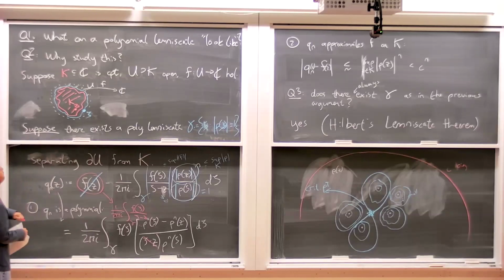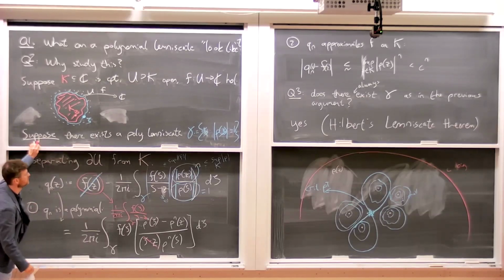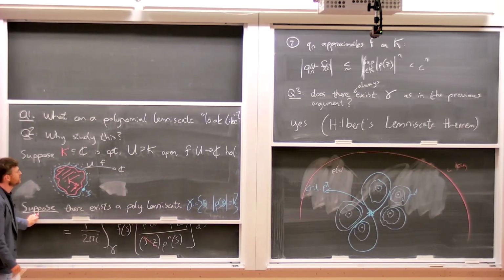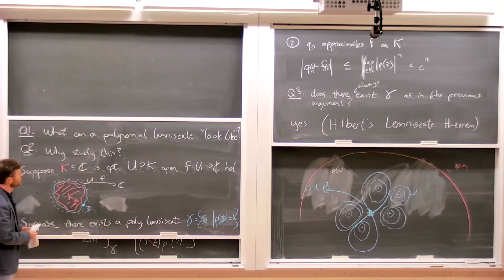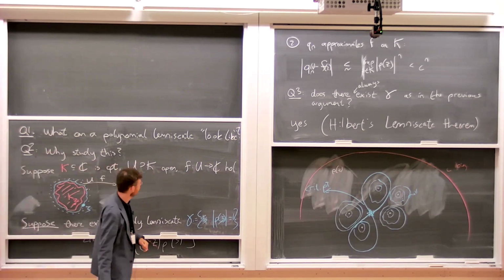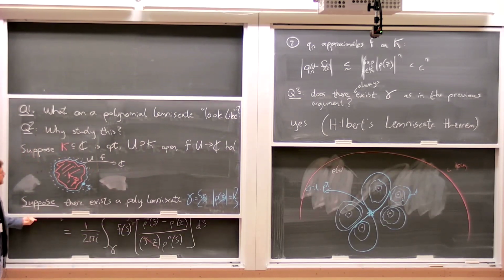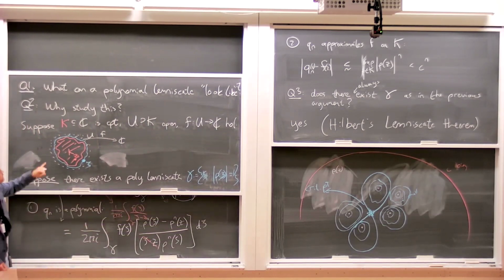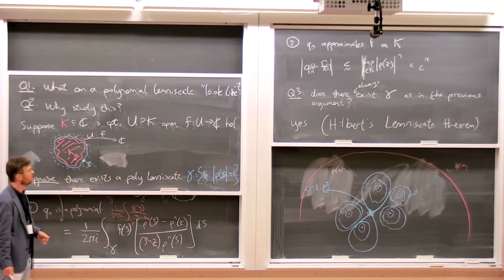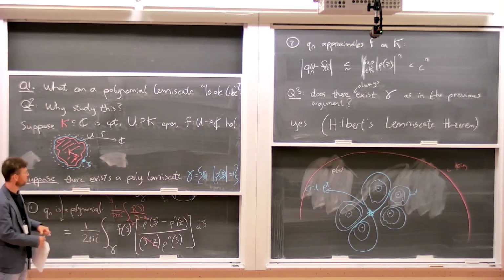So again, back to the original question, hopefully having justified why this is not just some random question we picked out from a big bucket of questions: what can a polynomial Lemniscate look like? Well, Hilbert's result can roughly be described as answering this question in the case that you're assuming the Lemniscate is a Jordan curve, right?